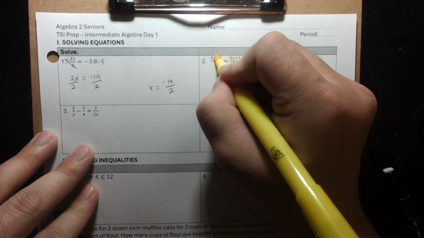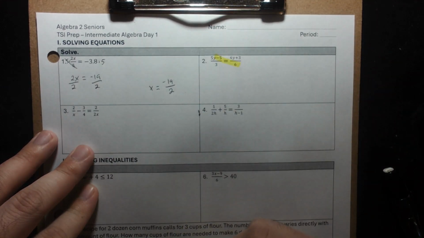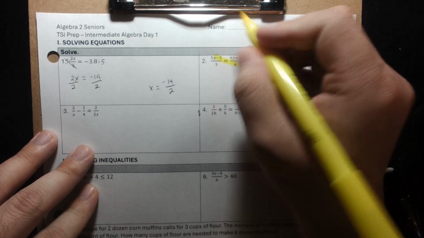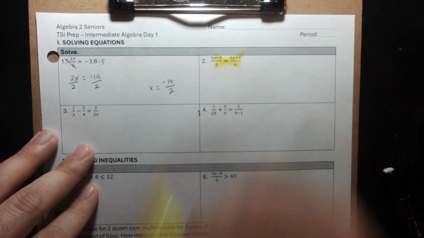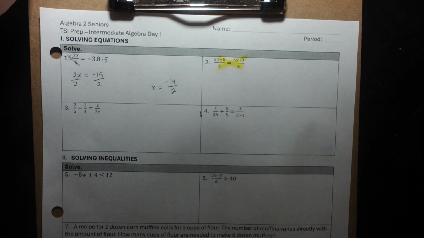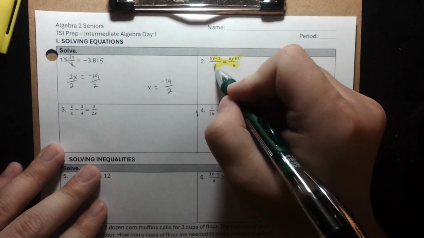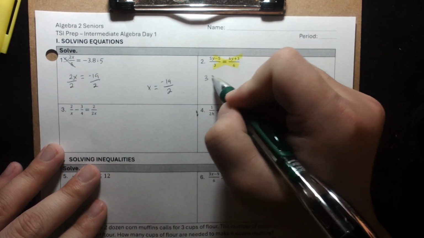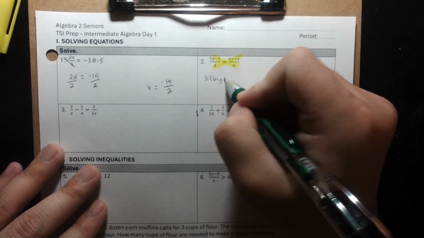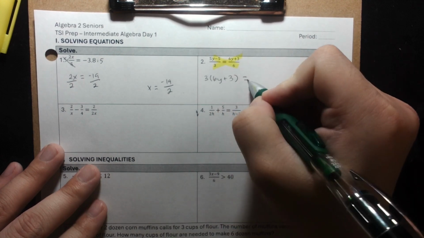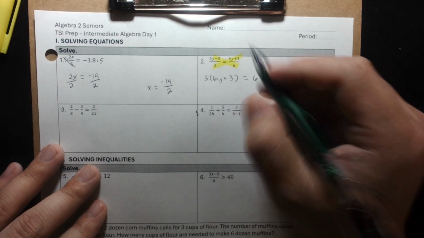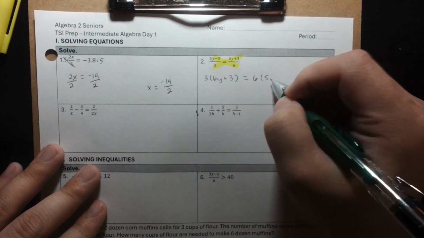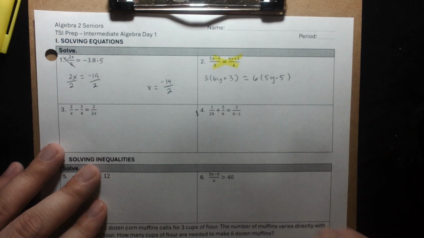So I can multiply these two things, equal that to these two things multiplied. So I have 3 times the quantity of 6y plus 3 equals 6 times the quantity of 5y minus 5.